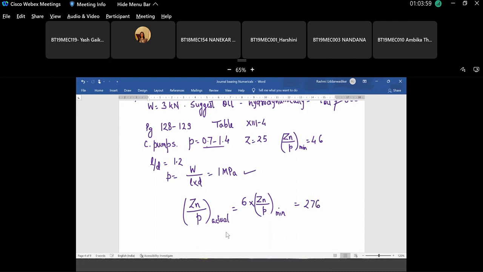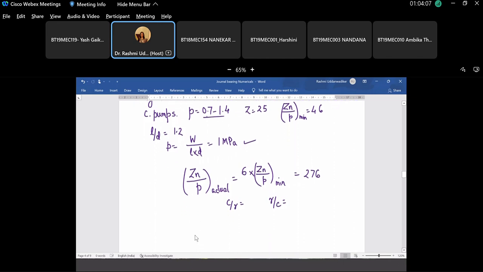C by R is known, which means R by C is also known for centrifugal pumps. And if Zn by P and R by C is known, you know what S is. Zn by P into R by C whole square. Give me the value of Sommerfeld number here.